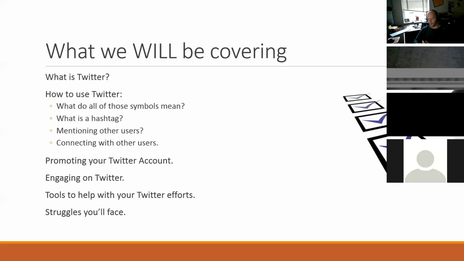One of the biggest complaints, besides what do those symbols mean and what is a hashtag, is that it happens too fast. Twitter is real time. Unlike Facebook, if a post is made at 9 a.m. this morning and we log on at 3 o'clock this afternoon, and Facebook's algorithm has decided that post is important to us, then it may throw it in our news feed. Twitter is not that way.